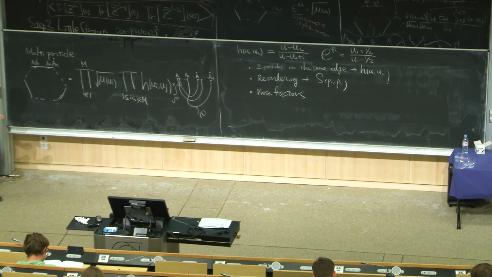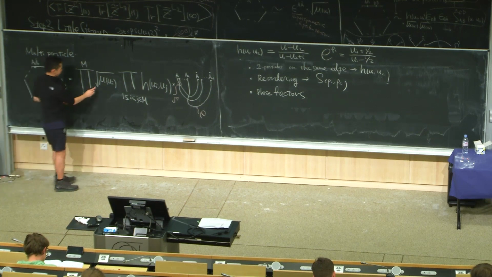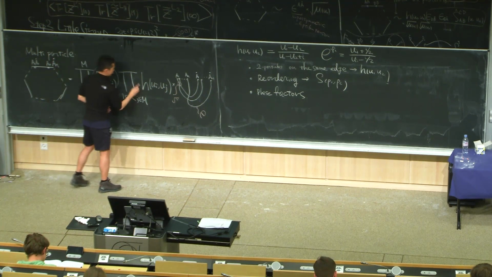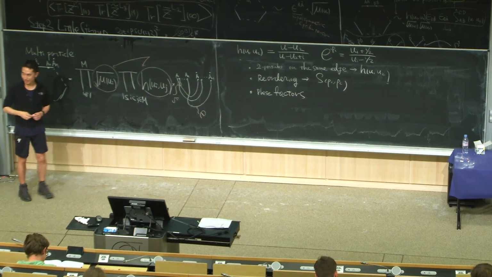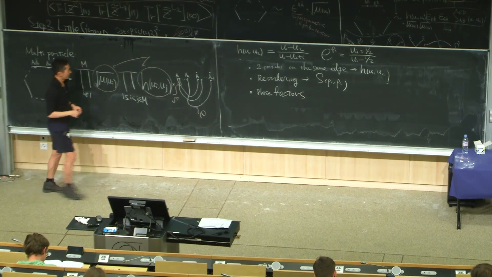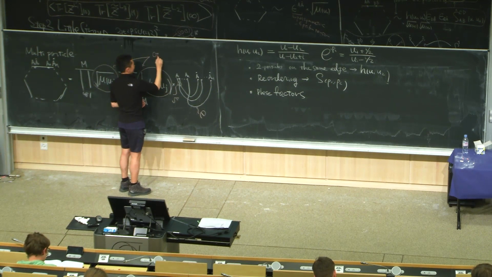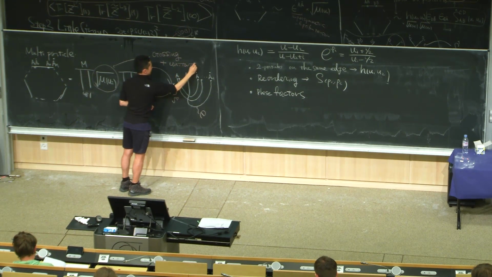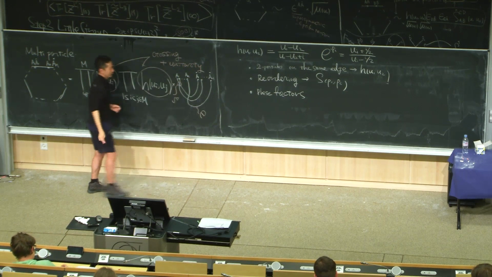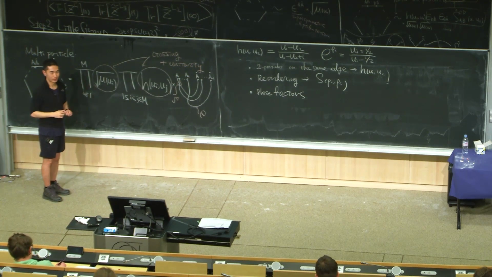Now we are almost there, but we don't know how to determine these two quantities. Unfortunately, I don't have time to tell you how to determine them, but I should just mention that this can also be determined by imposing crossing and unitarity. So this was also the case for the two-particle S matrix at finite coupling, and the same argument applies also here.